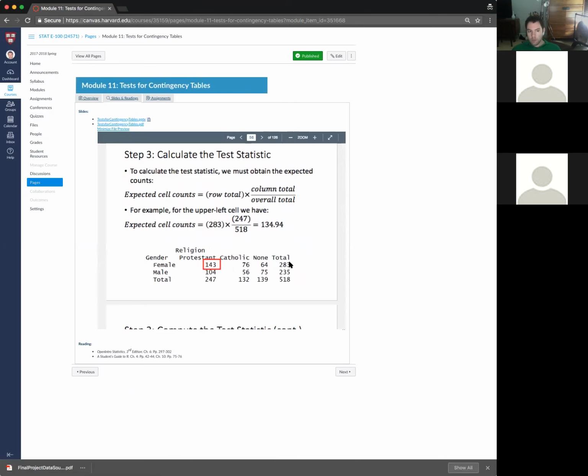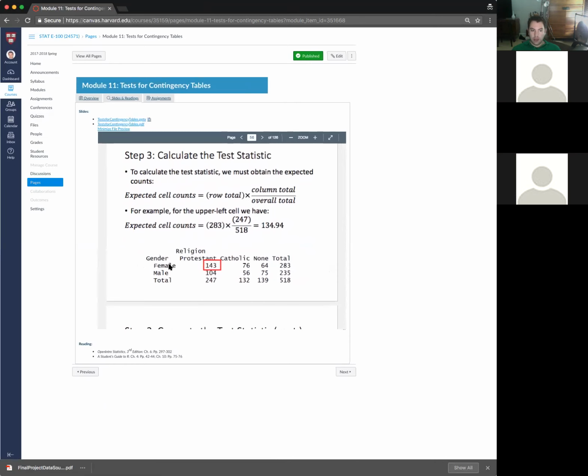So in order to calculate the expected cell counts for each of the expected values, we're going to take the row total, 283, multiplied by the column total. So the column total for Protestant, let's start over. We want to find what the expected number of female Protestants is, right?